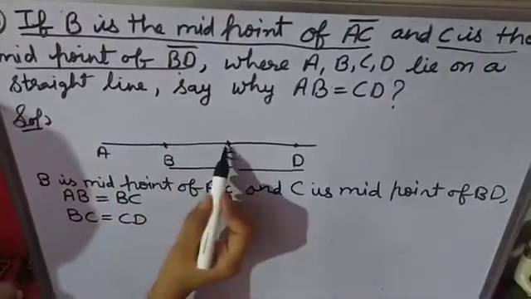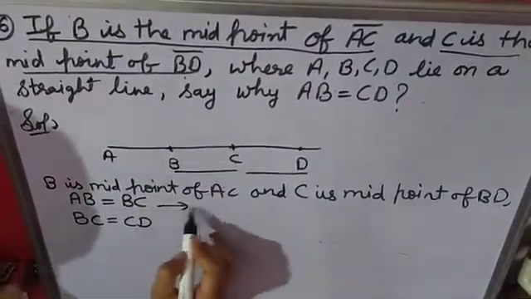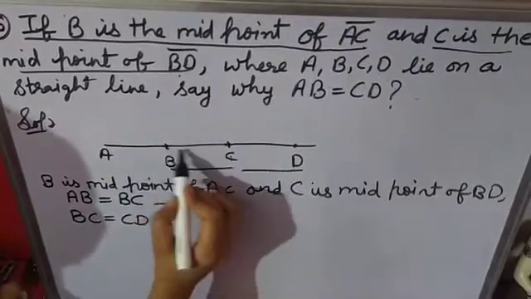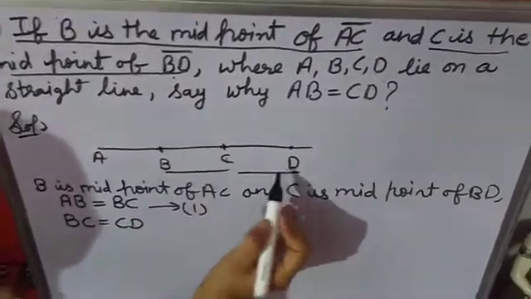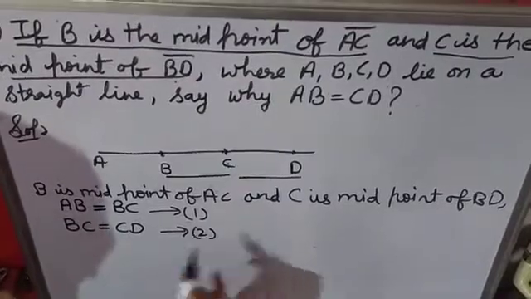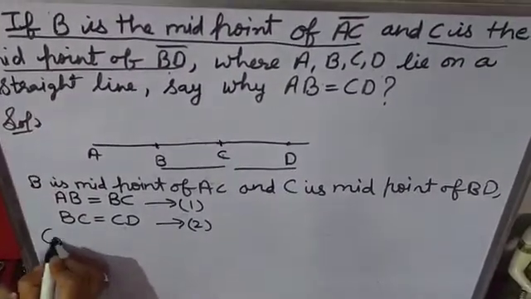B is the midpoint of AC, so AB is equal to BC. This is equation 1. And C is the midpoint of BD, so BC is equal to CD. This is equation 2.